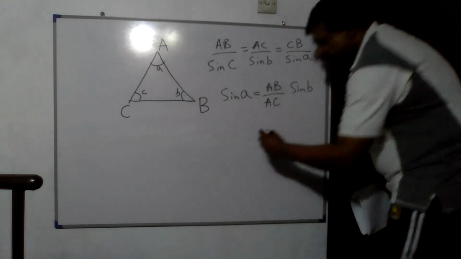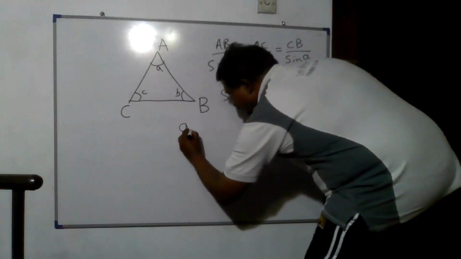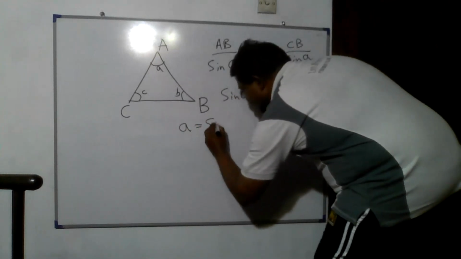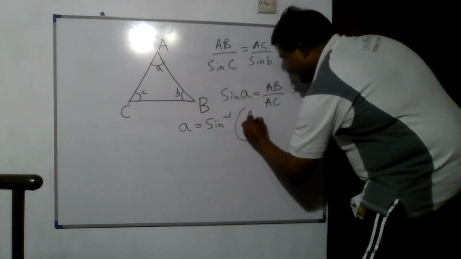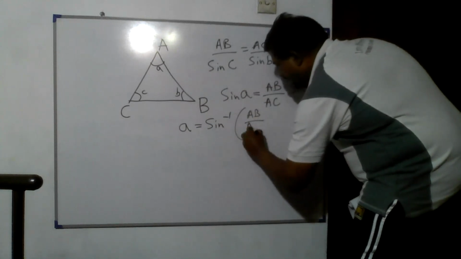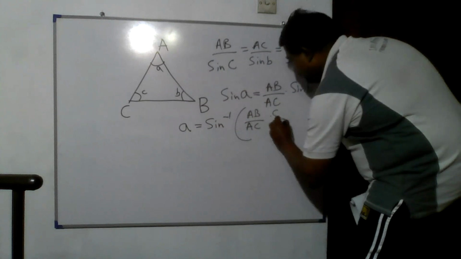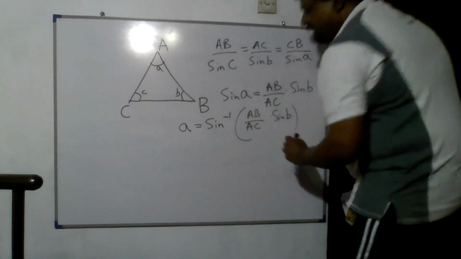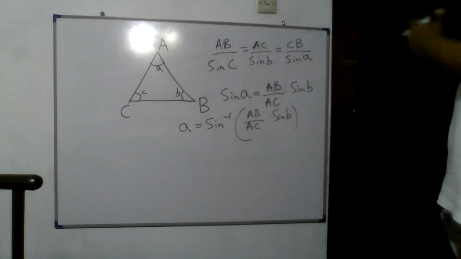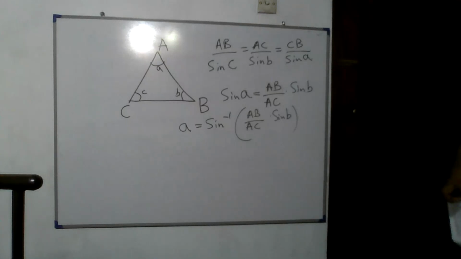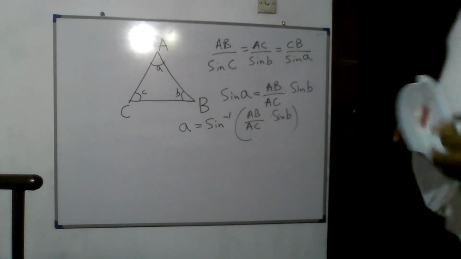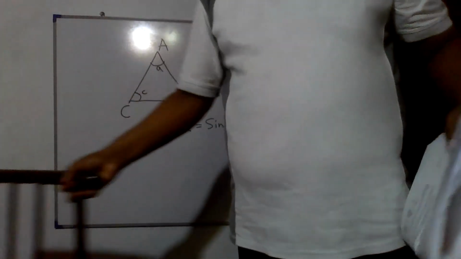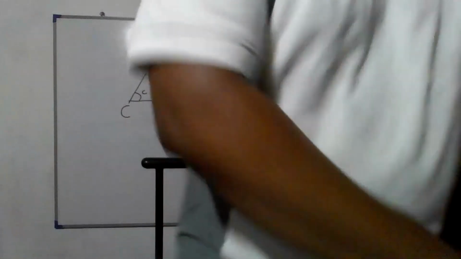Now A can be written in this form, right? A equals sine inverse of AB over AC into sine B. Am I right? Just a simplification of the sine rule, right? Now, having that in mind, let's proceed with the PowerPoint presentation.